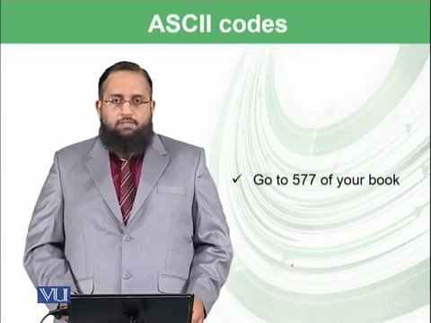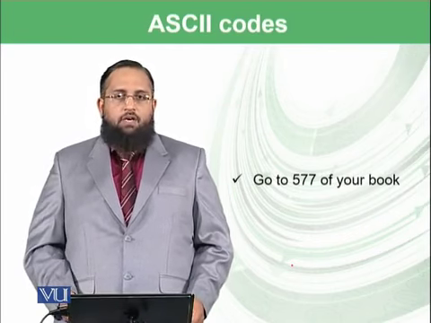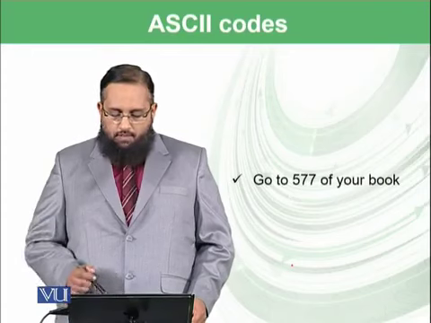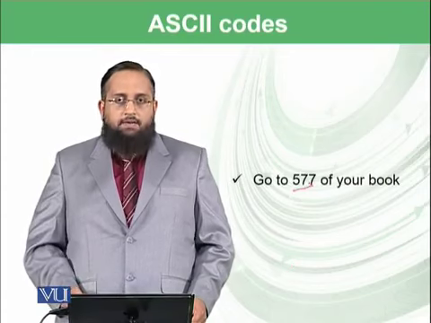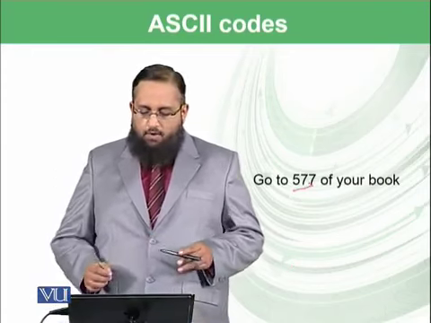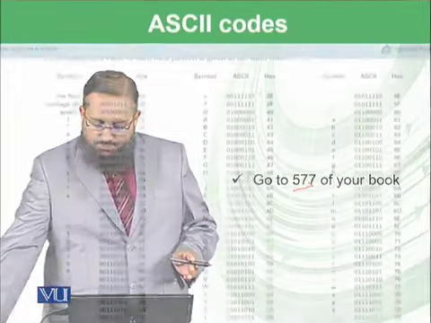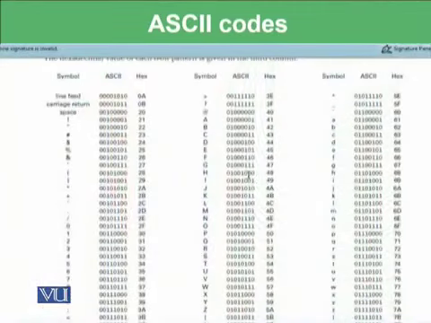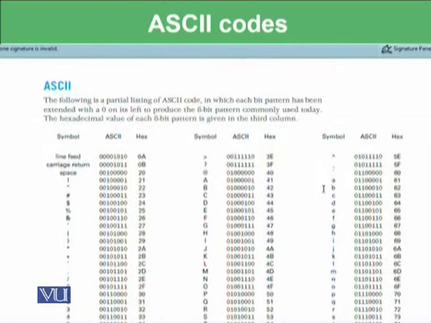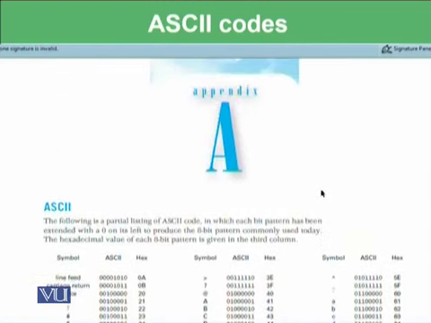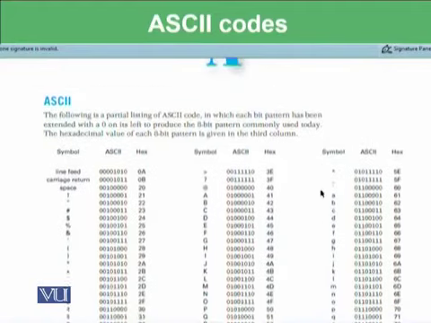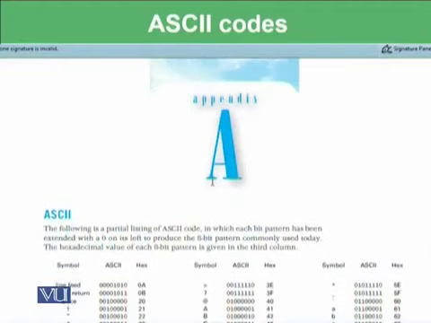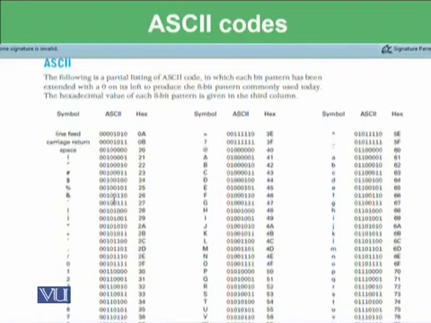If we want to see the ASCII codes available in your book, let's go to page number 577 of your book. Here I have opened page 577, which is Appendix A of your book, and these are the symbols, and this is the hexa value.